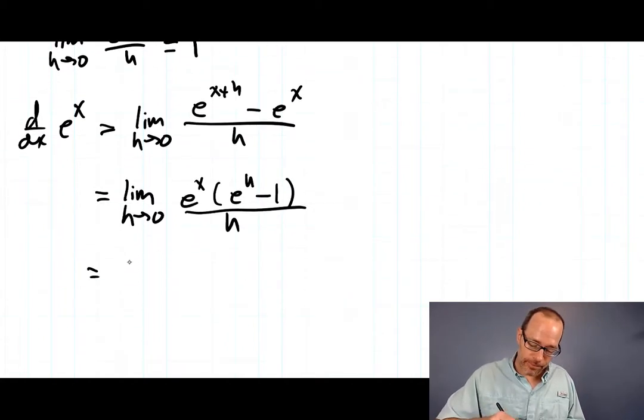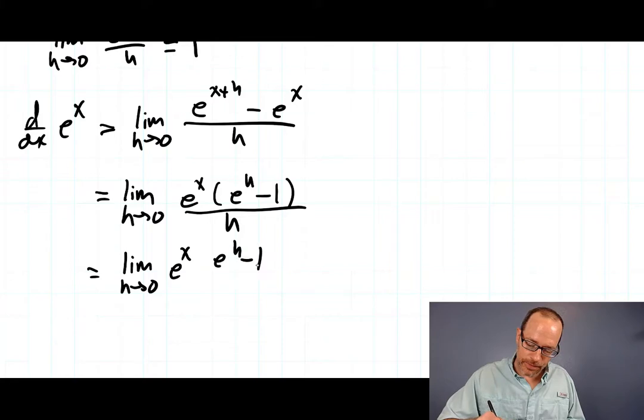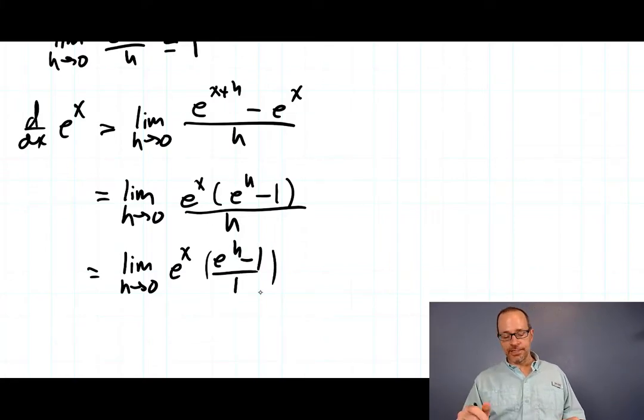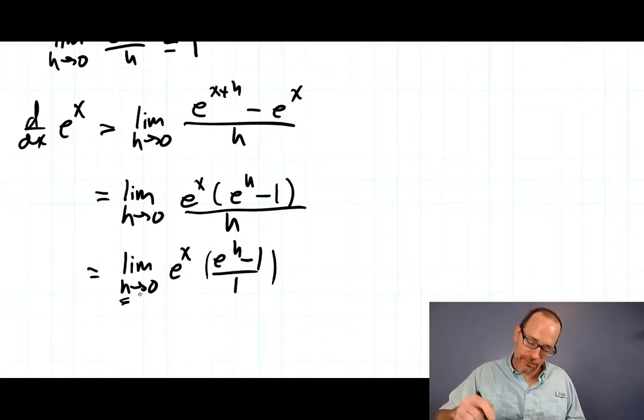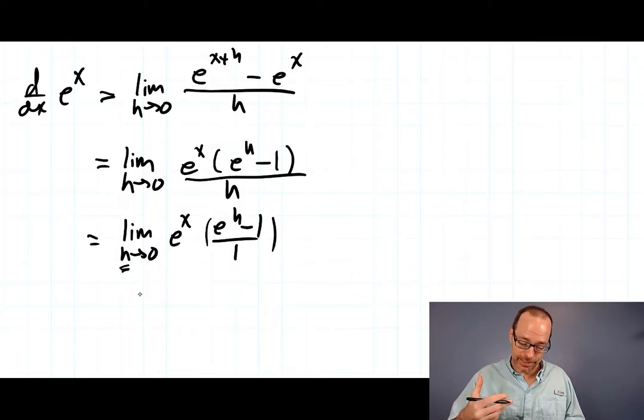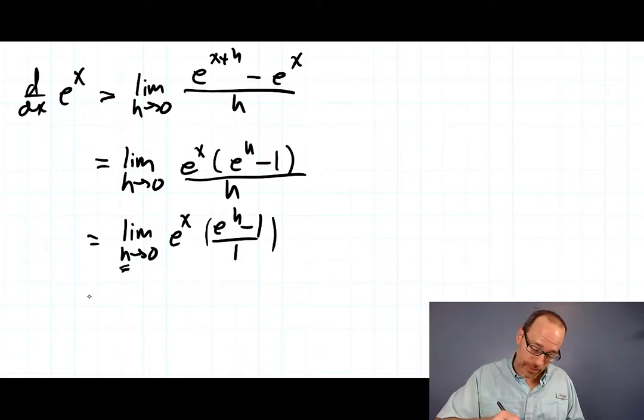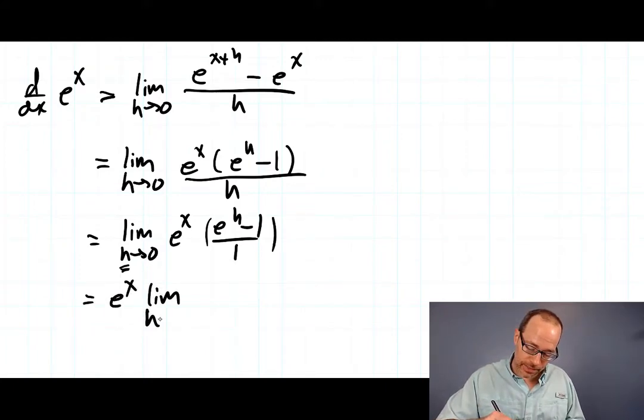Now, you normally think of e to the x as a function, but for the limit's purposes, h is actually the variable here. So x is a constant as far as h is concerned. So e to the x is a constant, so it pulls outside of the limit, because constants pull outside of limits.